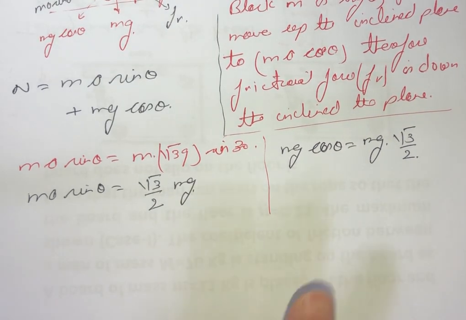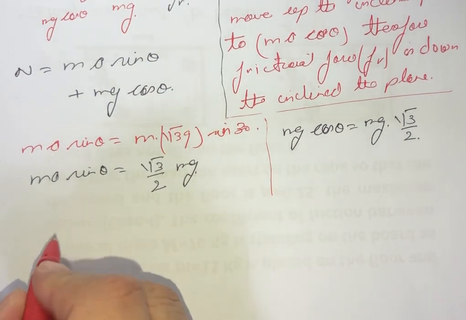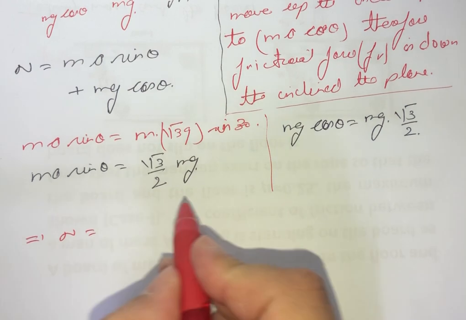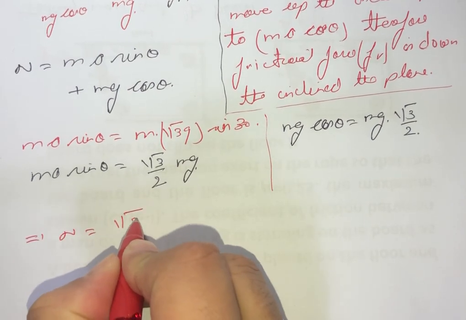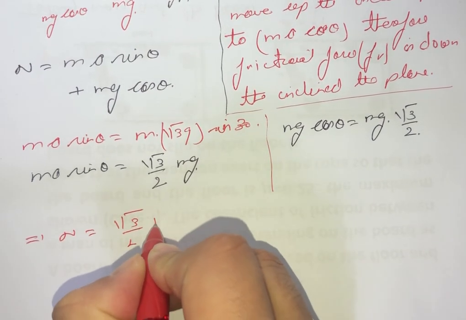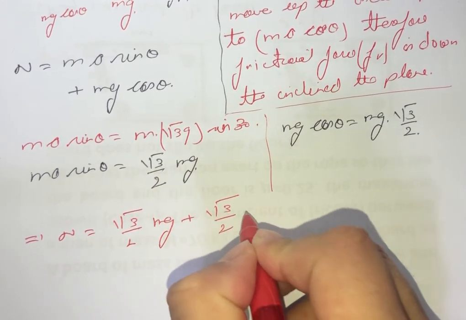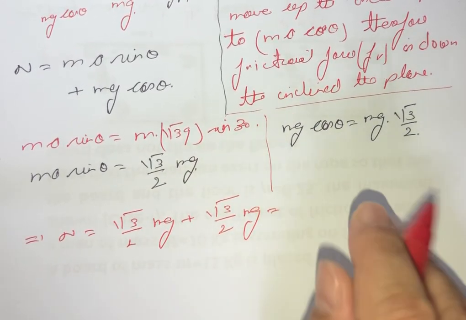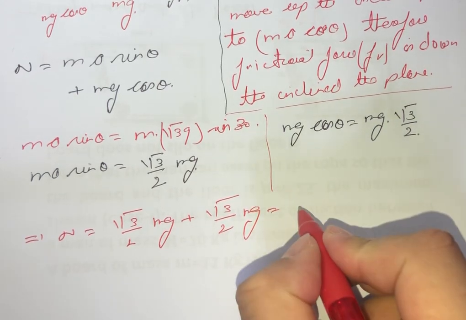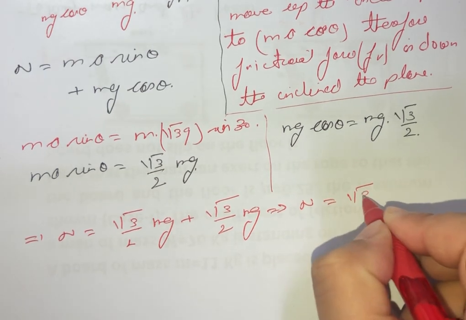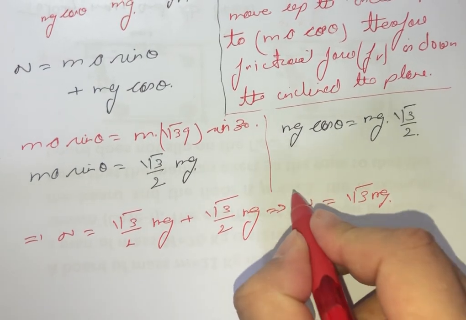So we can say that normal N will be equal to root 3 by 2 mg plus root 3 by 2 mg. This will be coming equal to, normal is equal to root 3 mg.